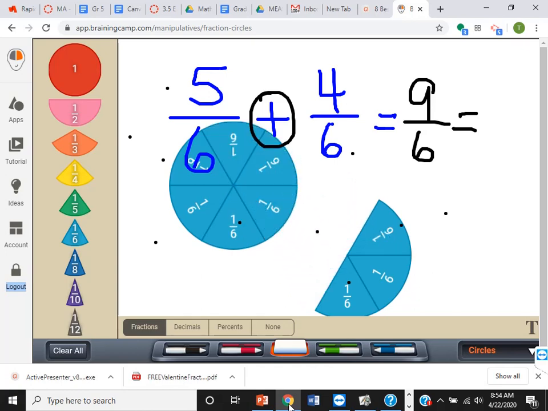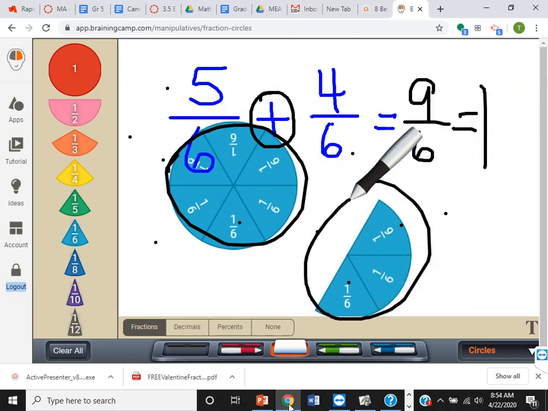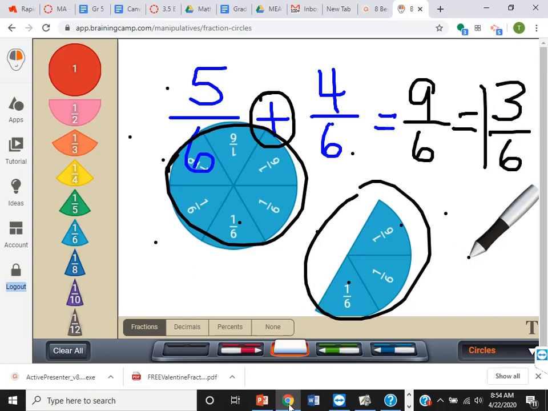There we go. So if you look at our fraction and our model, we have one whole and 3/6 of another whole. Okay, so my sum of 5/6 plus 4/6 can be written as 9/6, an improper fraction, or 1 and 3/6 as a mixed number.